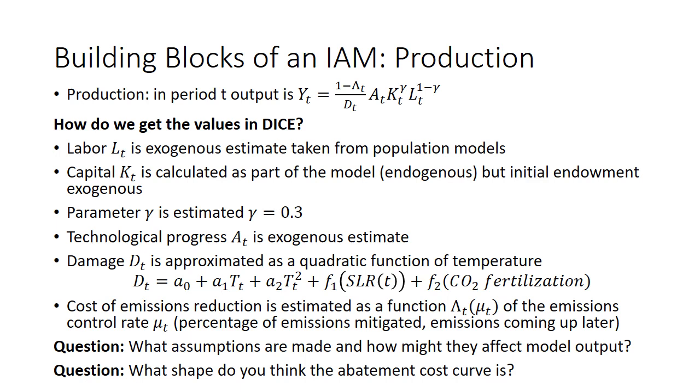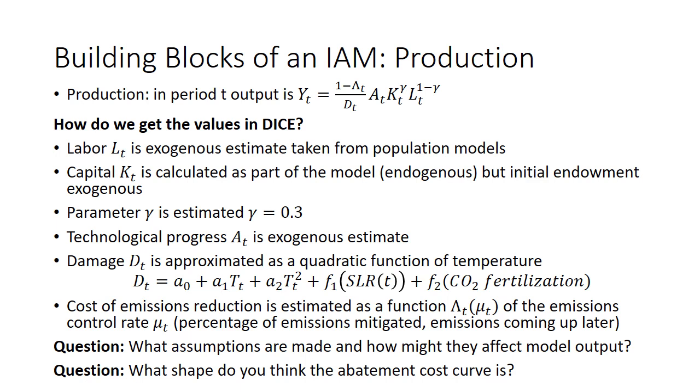Labor is exogenous. Maybe we should adjust that given what we're learning about the current pandemic. Climate change is forecasted to increase the number of tropical diseases, which would obviously decrease the stock of labor, the population, if tropical diseases end up killing people. So maybe labor should not be exogenous.